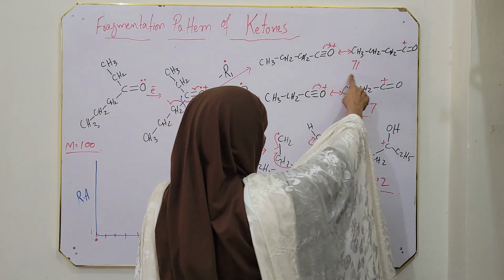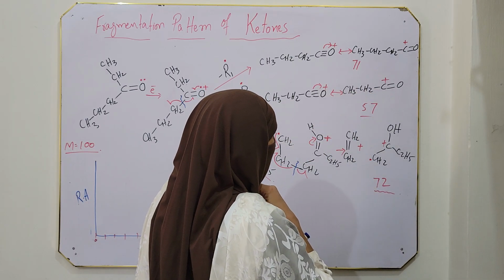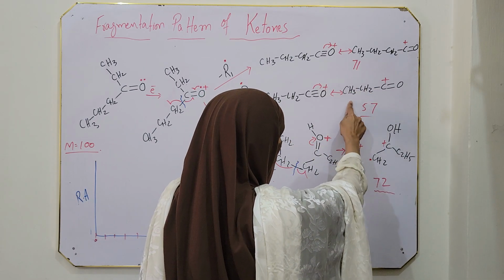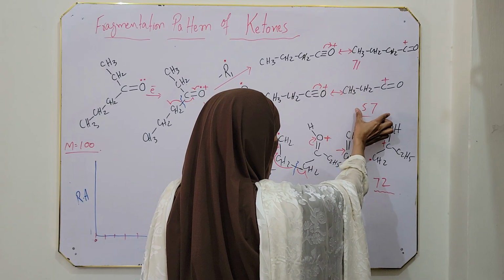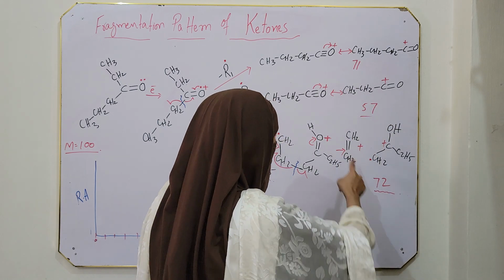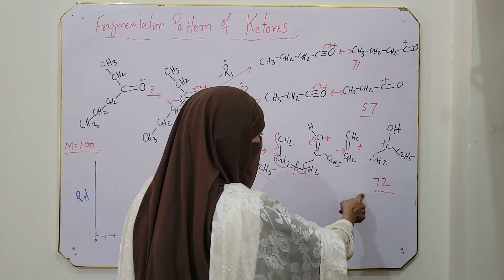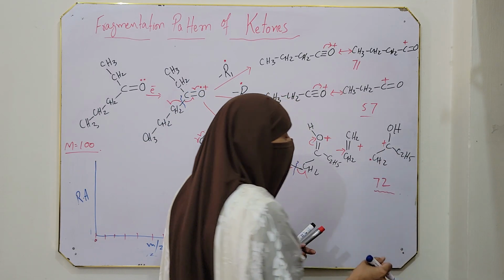Here a peak will be obtained at 71 and it is a primary carbocation. In this case it is 57, the chain length is short, and a short chain length gives stability, but again it is a primary carbocation. But in case of this McLafferty, we get a carbocation which is secondary.